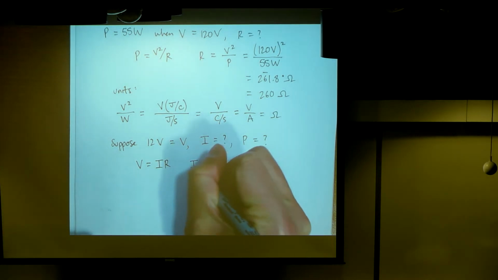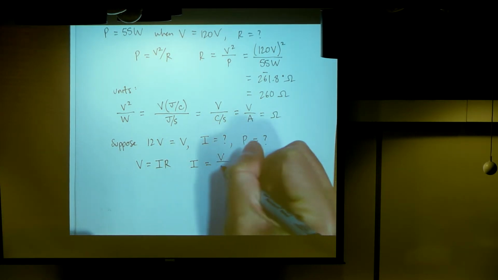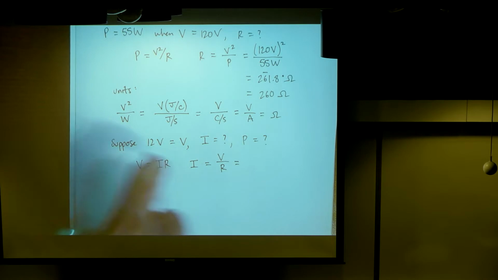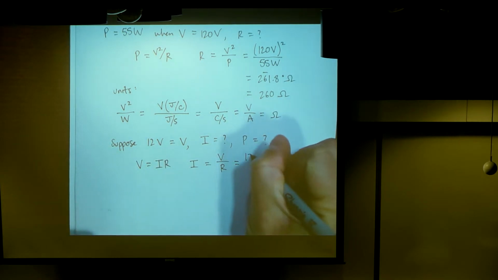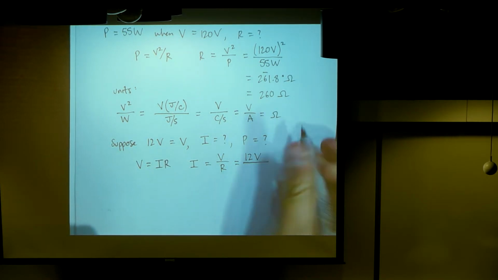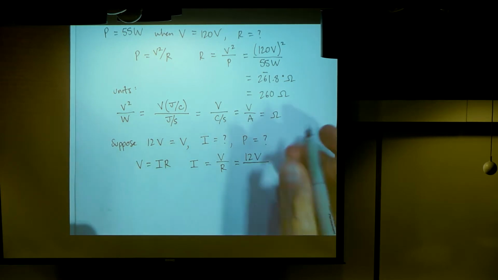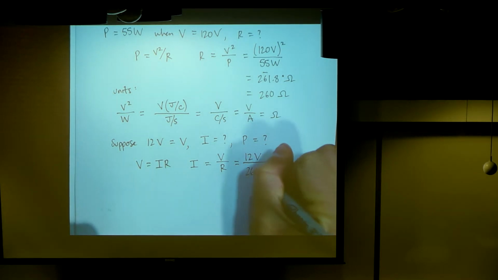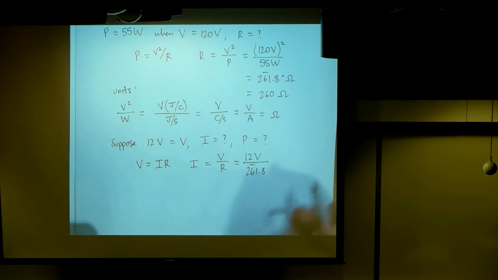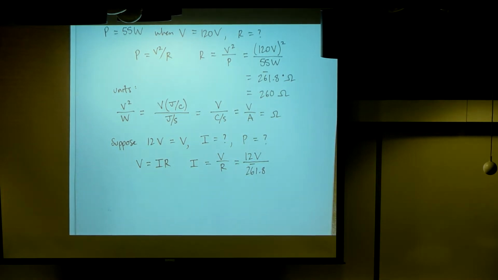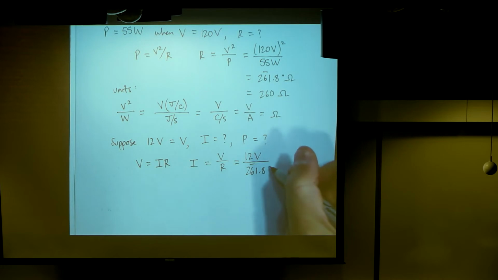So the current should be V divided by R. But now we're supposing the voltage is only 12 volts. But the resistance, again, we're assuming that's not changed. 261.8. And what's, again, the equivalent unit for an ohm? Volt per amp. So we can see this comes out in amps, right?